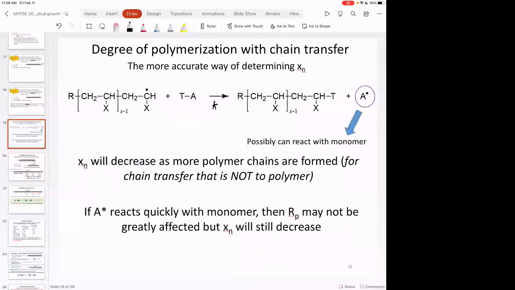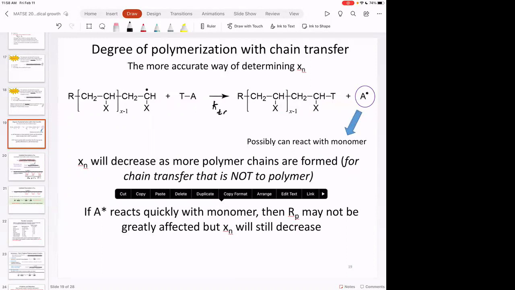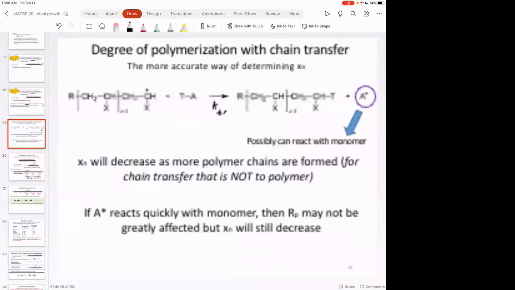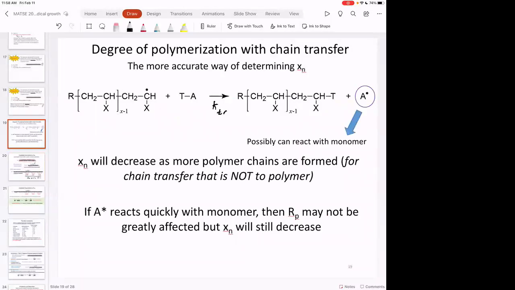Nope, small t. k_tr right here. And since we just specified that TA is a chain transfer agent, we don't have a k_TA, but this is the rate constant for the chain transfer reaction. So this can be monomer, solvent, initiator.